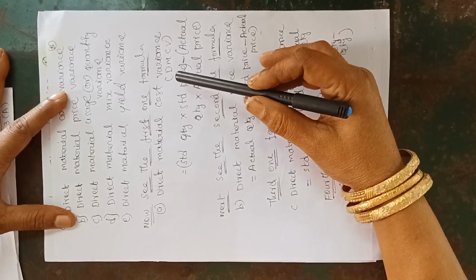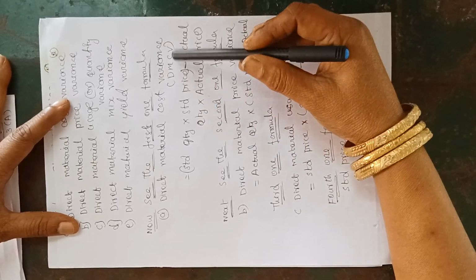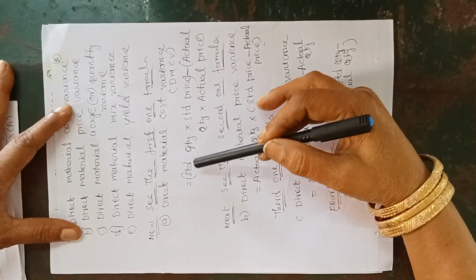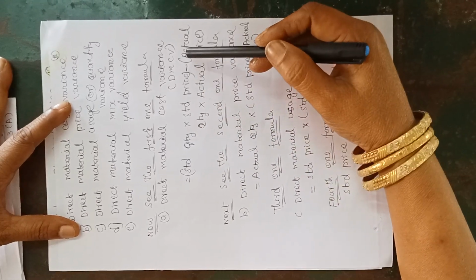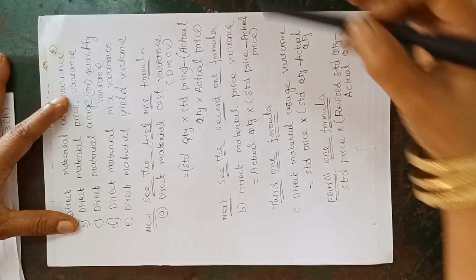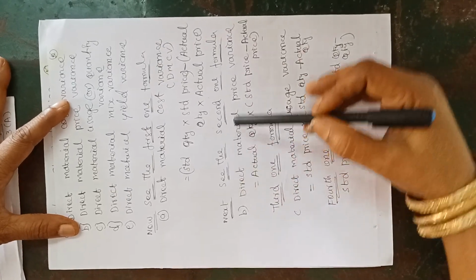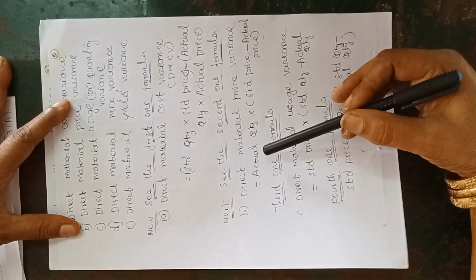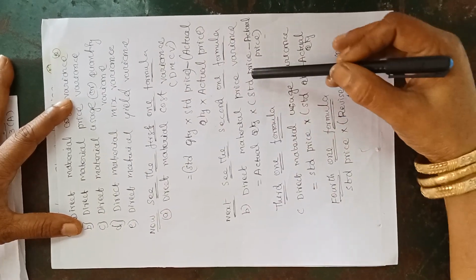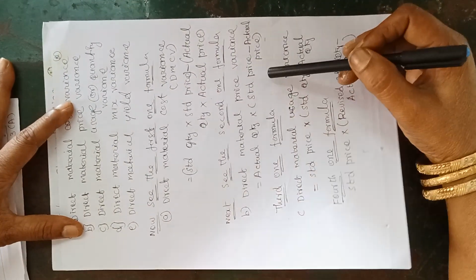Direct material cost variance, short form DMCV, equals standard quantity into standard price minus actual quantity into actual price. Second formula, direct material price variance: actual quantity into standard price minus actual price.